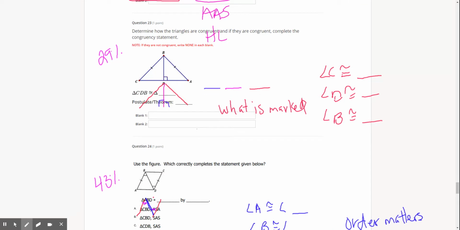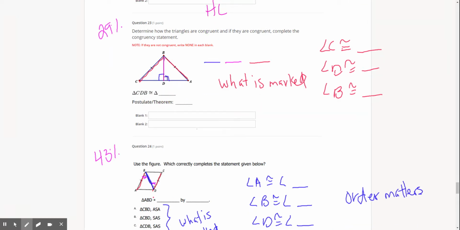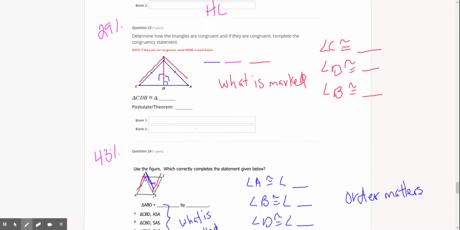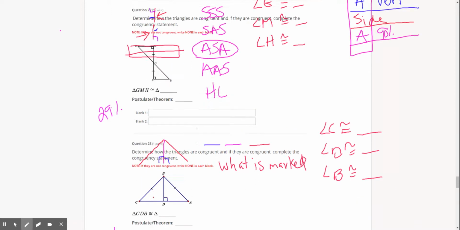When you get to these, just look at what's marked. What's marked here? Say that again. On this one?